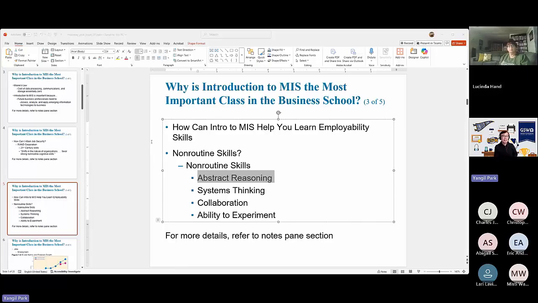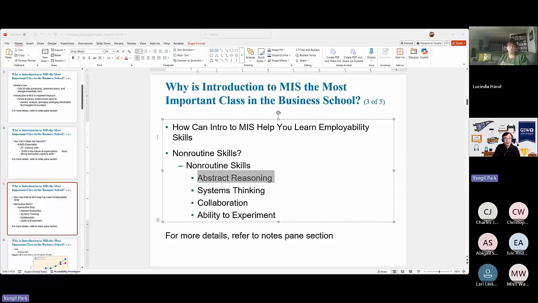For example, predicting customers' behaviors out of massive data. And also we can create mathematical models to forecast from those massive data. That's basically what AI does, right?